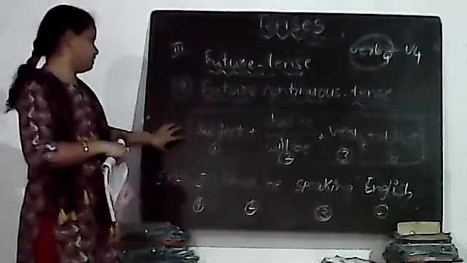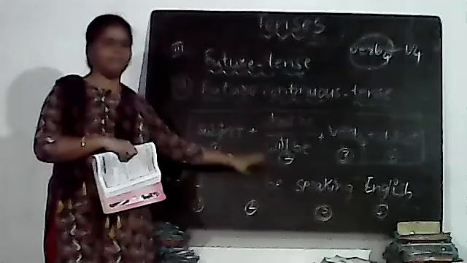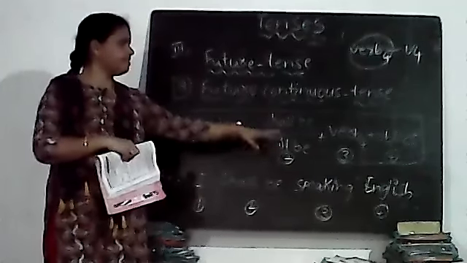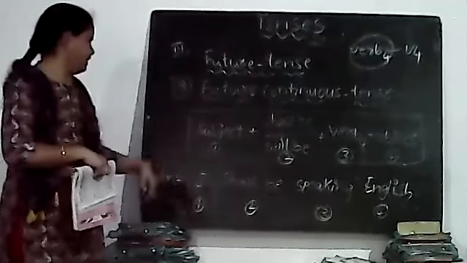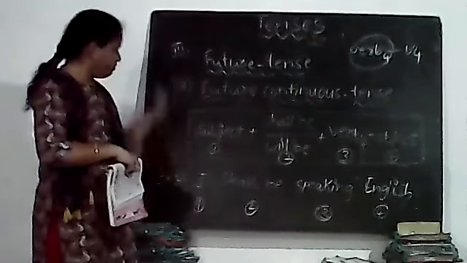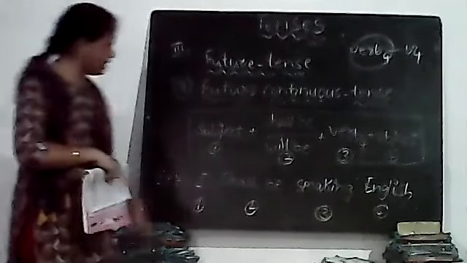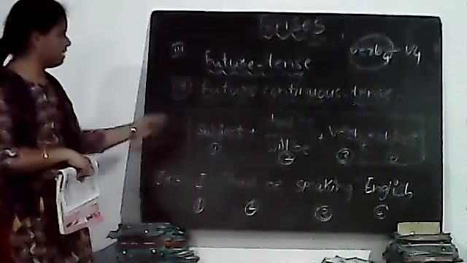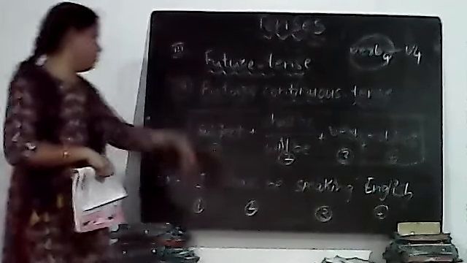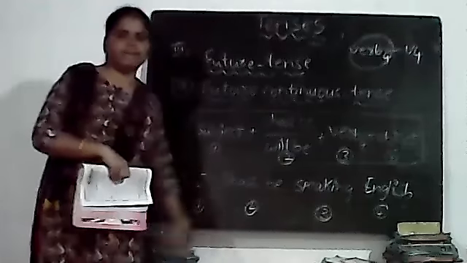The structure is subject plus shall be, will be, plus verb 4 plus object. I shall be speaking English. We shall be speaking English. He, she, they, we can use will be. The remaining we use shall be. So these are the examples. Check that one once.